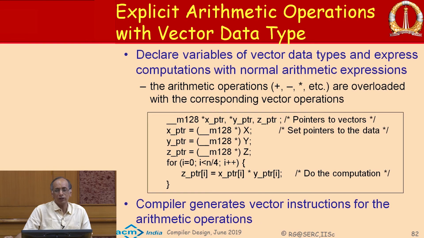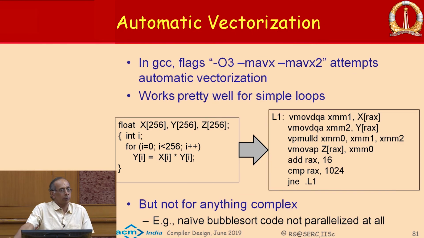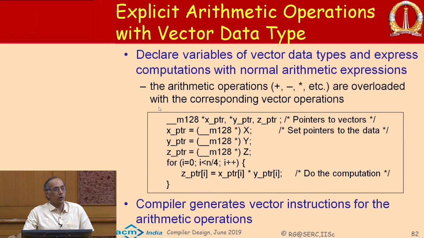So, how do we exploit vectorization from our processors? Either you could use automatic vectorization. GCC or something will have the appropriate flag which helps you do this. But it may work for some simple cases like this, but not necessarily for all possible cases. You can also indicate which arrays or vectors you are likely to perform vector operations on and declare them as vector data types, and the compiler will take that hint and try to vectorize it.